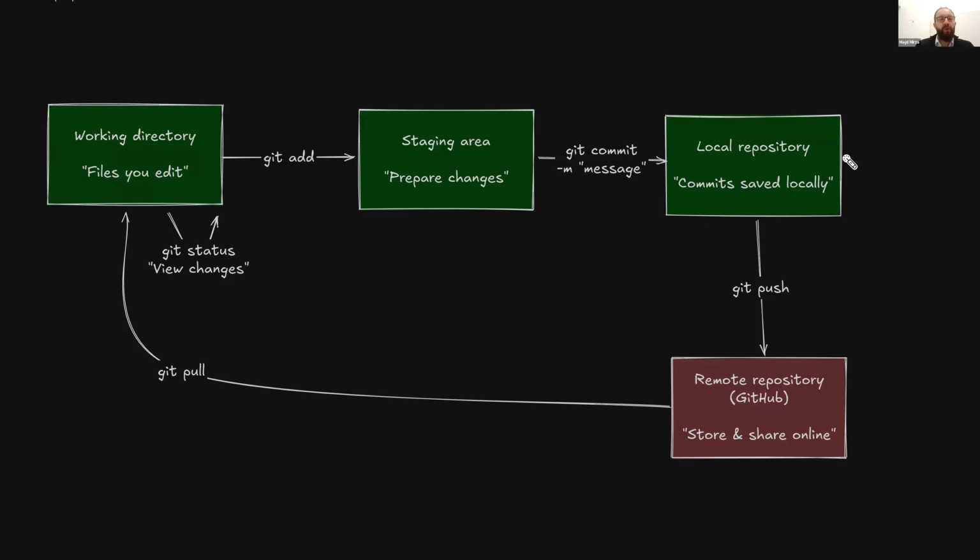In the same way, you can also do a git pull and download the repository and the code changes that others have done, and see what changes others have done, so that you can continue working from there. So this is the basic workflow of Git. You work in a folder, you do the changes, you stage them, and then you commit to your local repository.